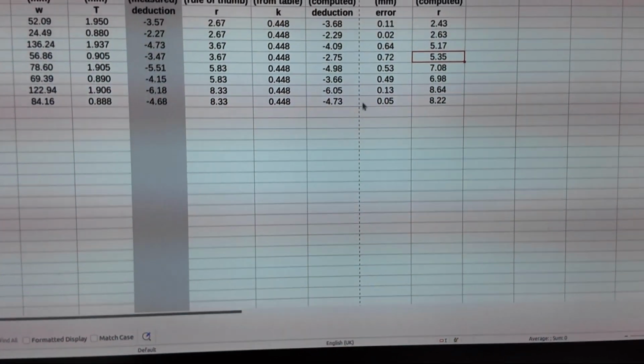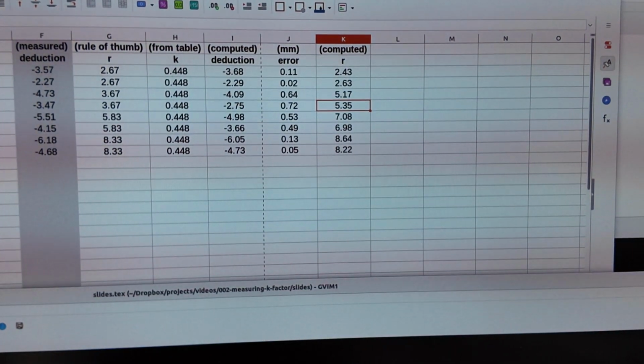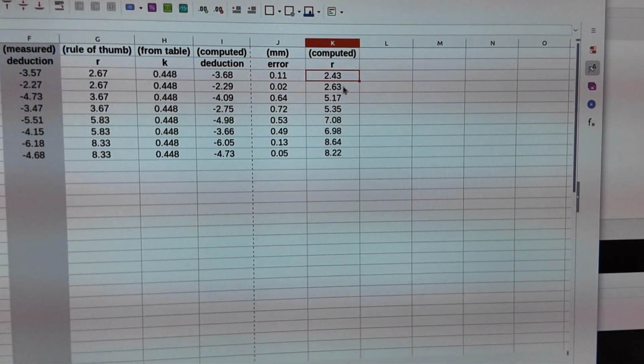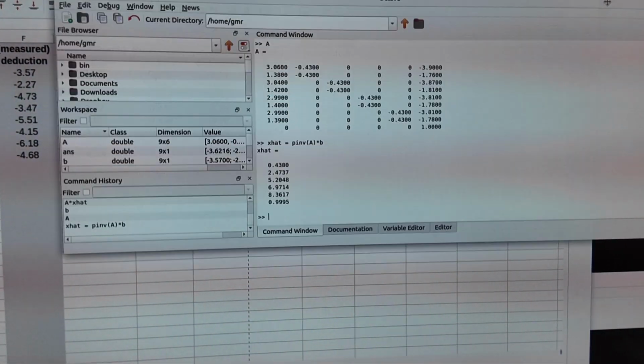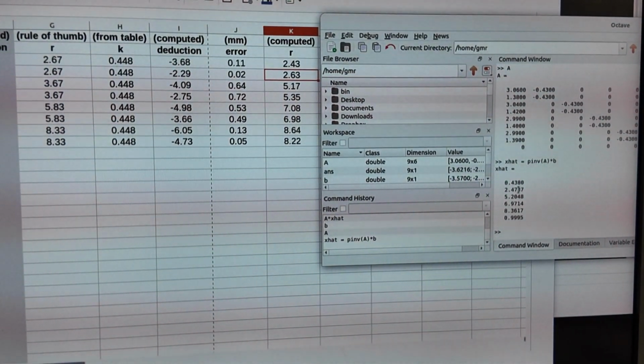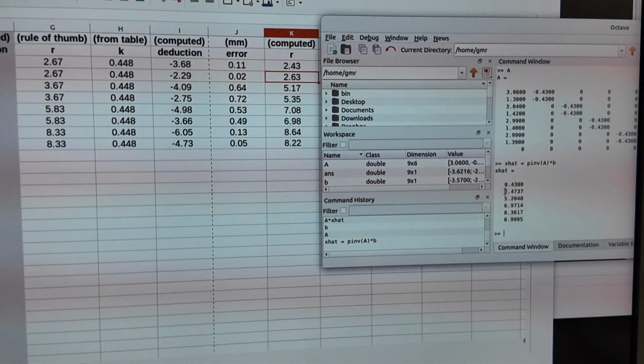So if we go to the other spreadsheet, the values that we get are 2.43 and 2.63 when we did it individually, and we've got sort of an average value of 2.47 when computed.